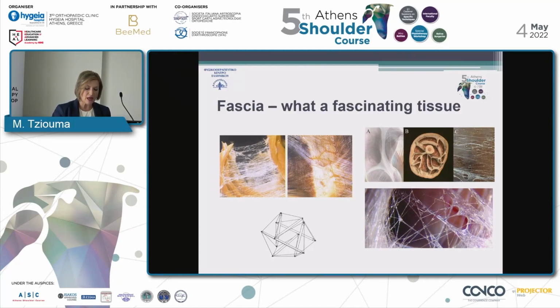Also known as a dense irregular connective tissue, this tissue surrounds and connects every muscle, even the tiniest myofibril, and every single organ of our body. It forms a tubular continuity throughout the whole body. Fascia has been shown to be an important element in our posture and movement organization.